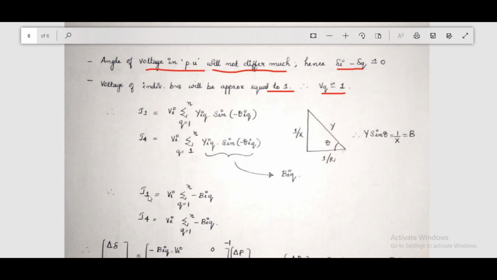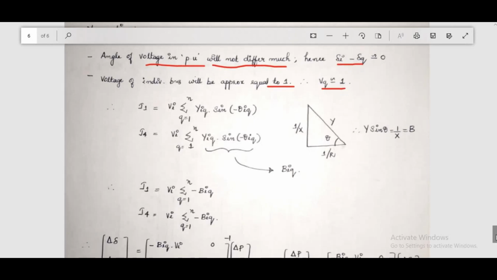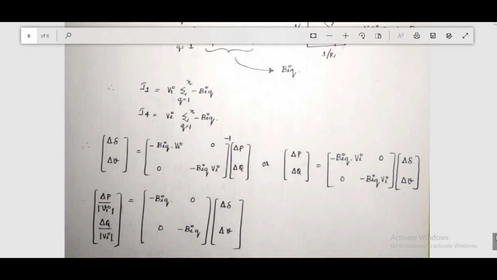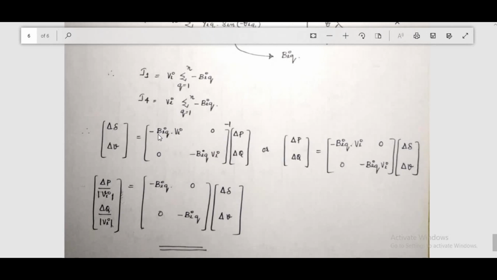Okay. So you can write the Jacobian as minus BIQ, substituting this Jacobian over here. Okay. So that's it. In order to remove this VI also, I can simply write like this.